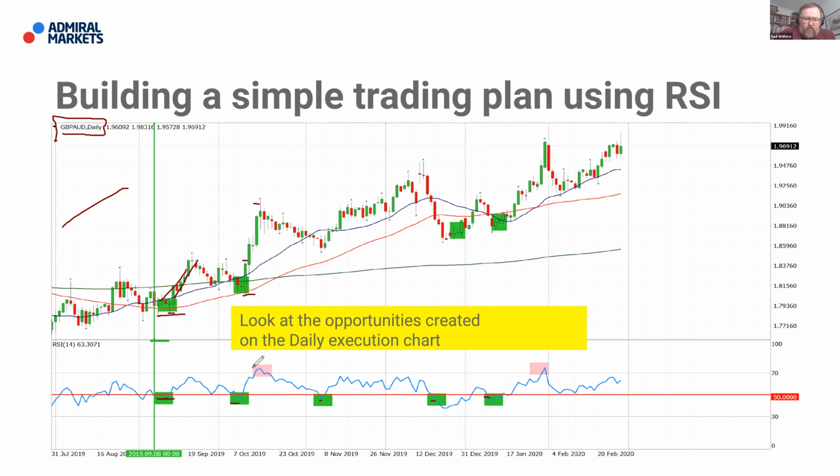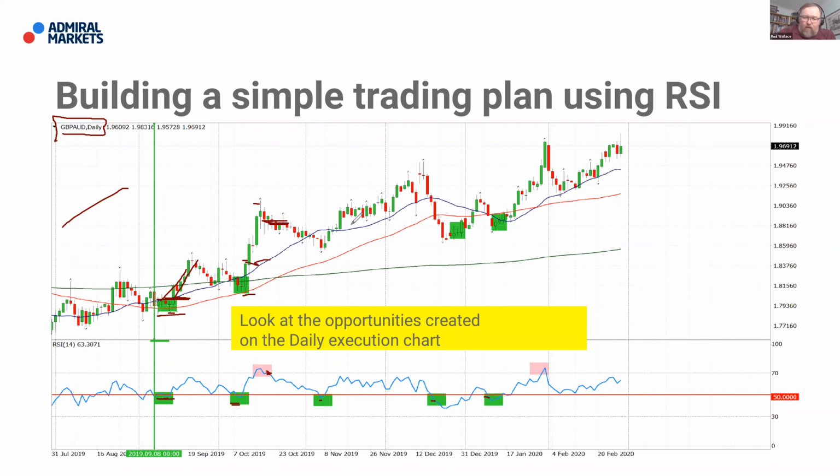What I've drawn here is, remember, if we're buying when price is in a bearish zone on the execution time frame, it's as price exits the overbought area that we'd be looking to exit our trade. So we're entering here, and then we'd be looking to exit our trade here.